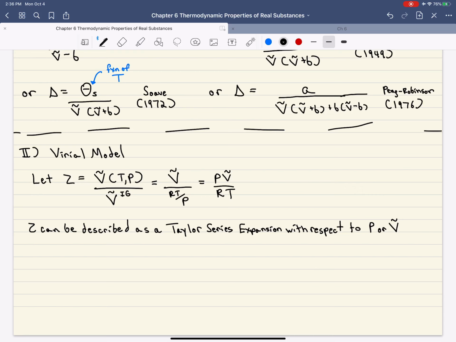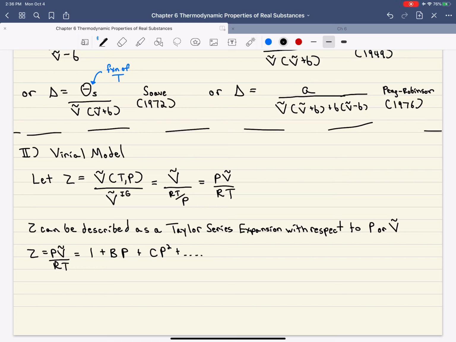So what we would do here is say Z, which by definition is equal to this, we would also say that Z is going to be equal to 1 plus the B parameter times pressure plus the C parameter times pressure squared plus a whole bunch of higher order terms. You go to infinity.